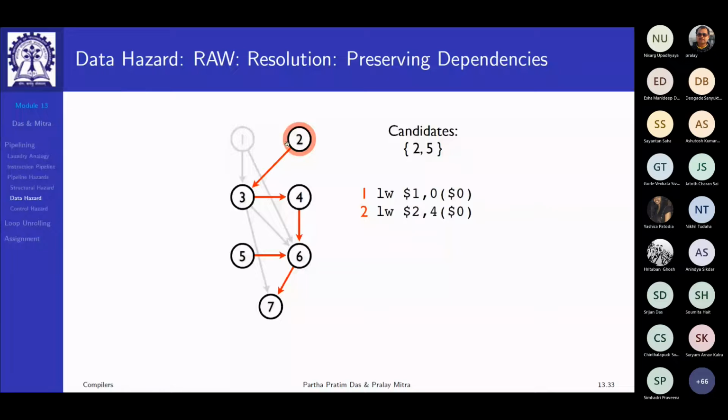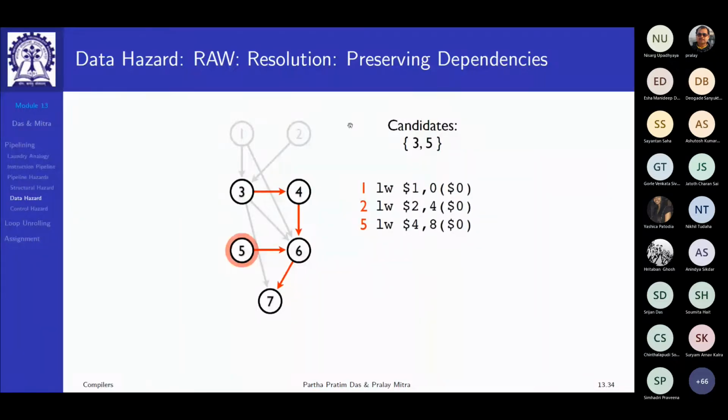We do 2. Now, as we do 2, this is removed, and as 2 gets removed, 3 now becomes eligible for the set because it has no more dependencies. The dependencies have already been scheduled. Right. So now my candidate list becomes 3 and 5, because 3 has no incoming edge anymore.